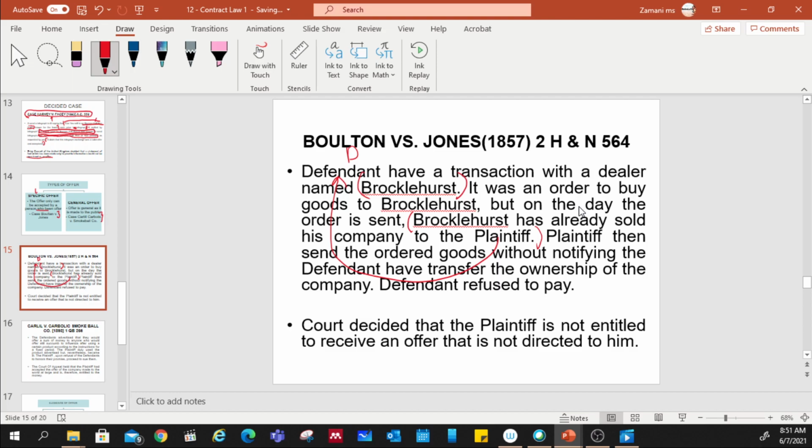The plaintiff sent the goods without notifying the defendant that ownership of the company had been transferred, but the defendant refused to buy.